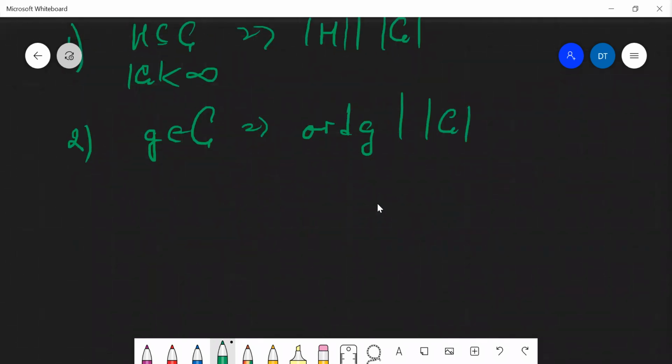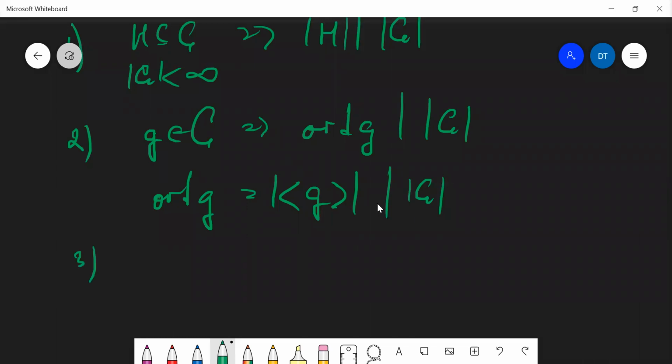So this is a restriction for an order of an element. Why is this true? Because the order of an element is equal to the order of the cyclic subgroup generated by the element, and this, because of the previous item, divides the order of the group. So this is corollary number two.